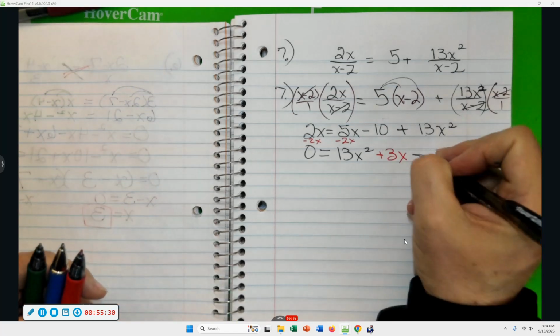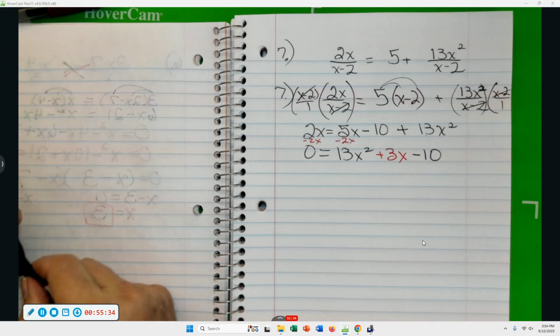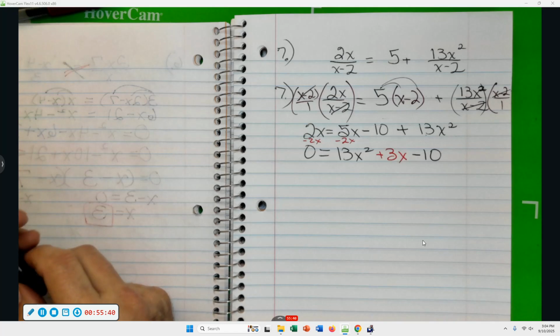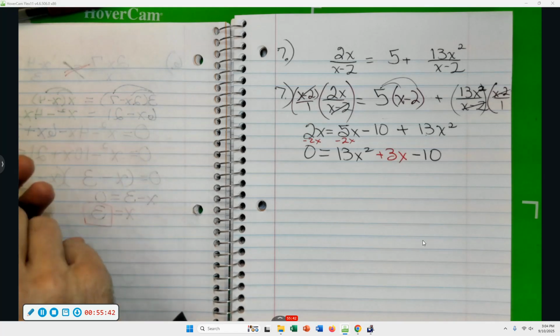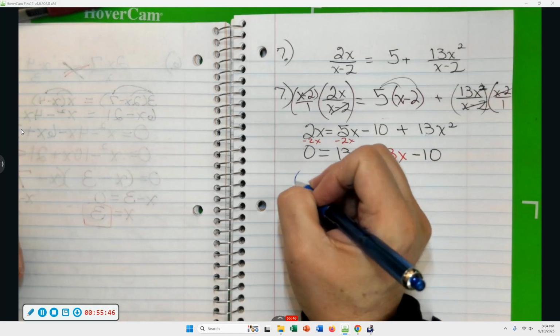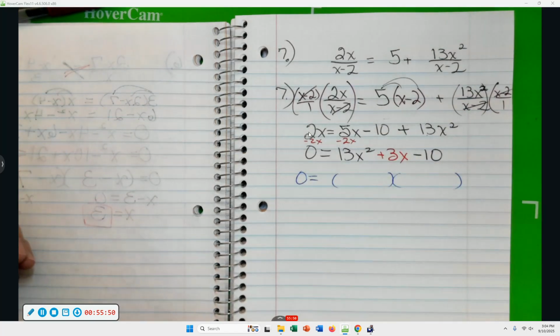Okay. So this should be factorable. If I can get it factored quickly, then we're going to go on to the quadratic formula. All right, my 2 sets of parentheses.